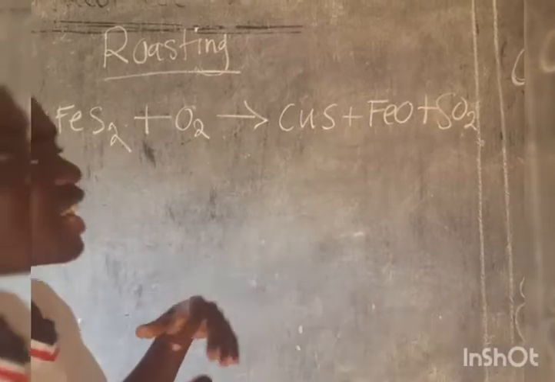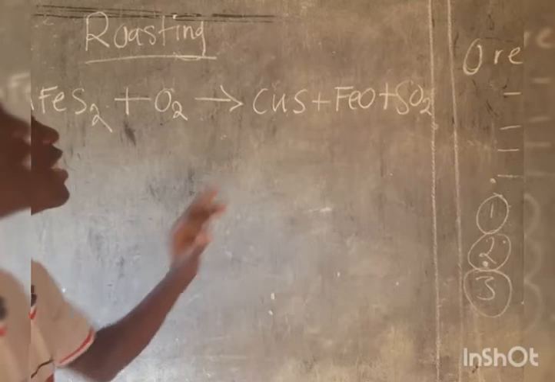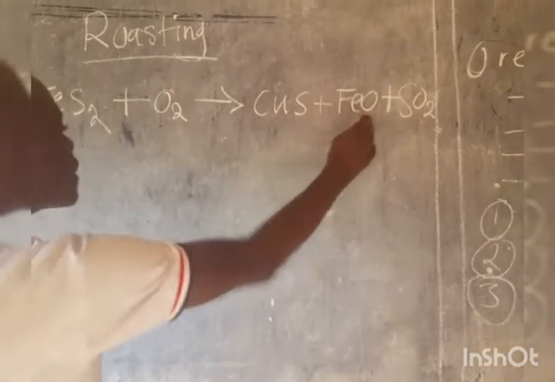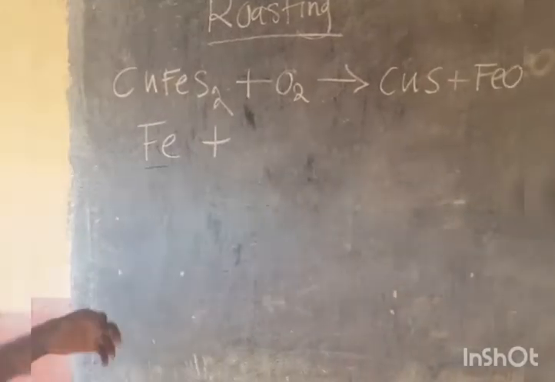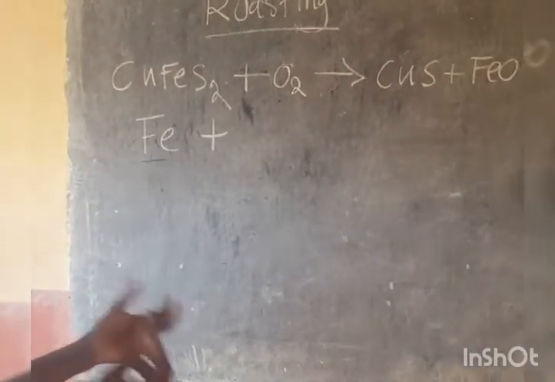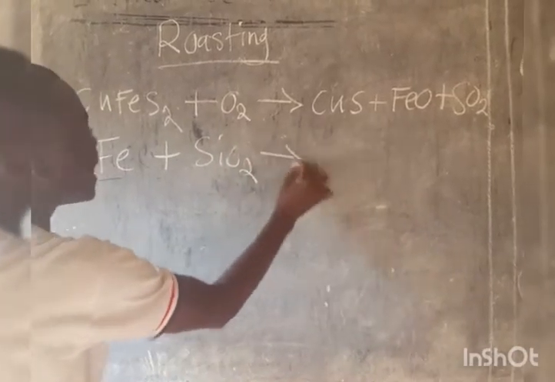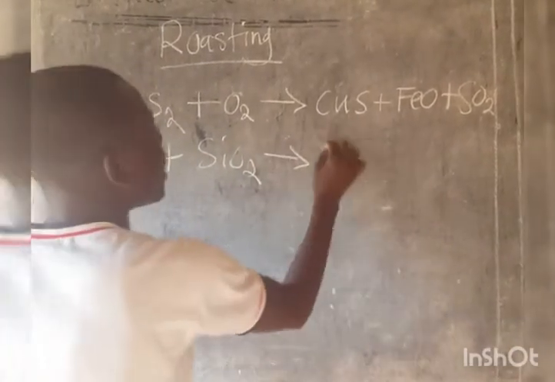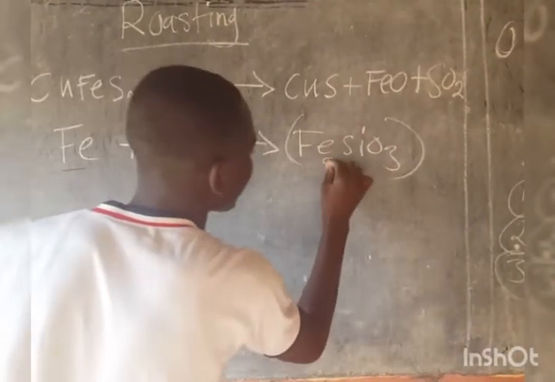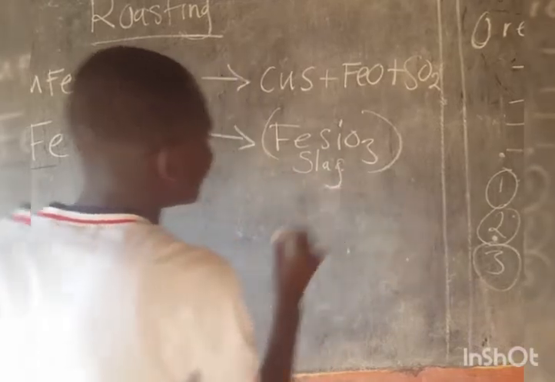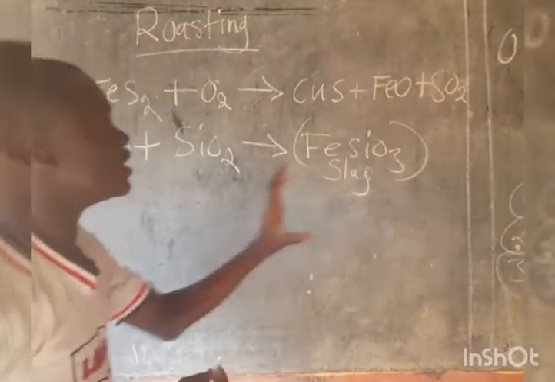And then we have another unwanted material in this reaction, which is iron oxide. To get rid of this iron oxide, we usually react it with silicon dioxide or sand. When we react it with silicon dioxide, we form iron silicate, which is slag. But the reaction isn't complete, in that we are only removing impurities.